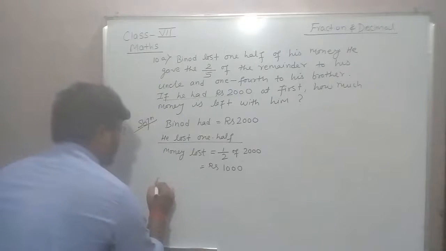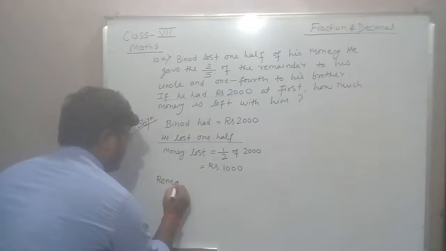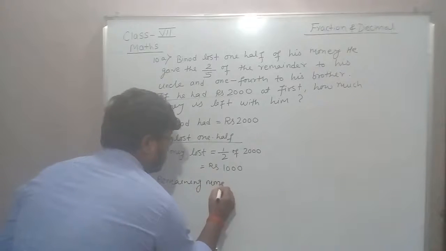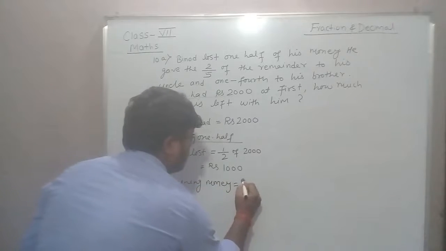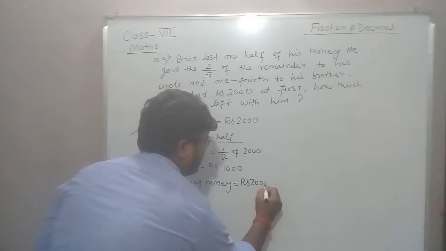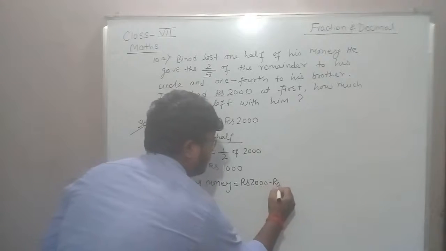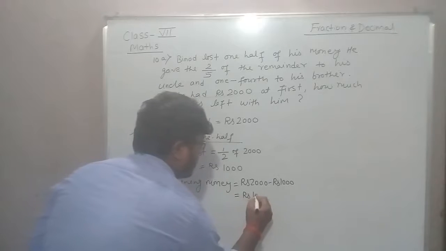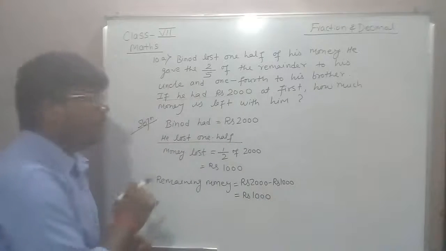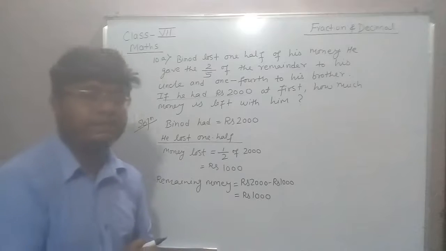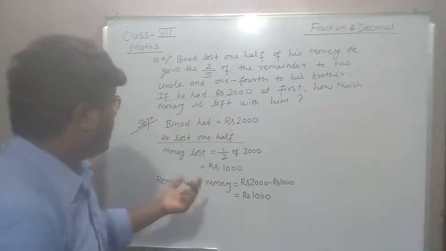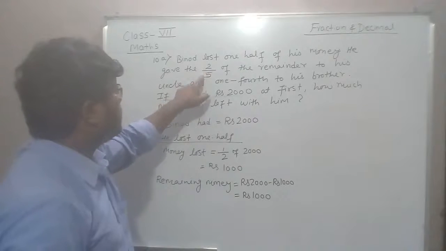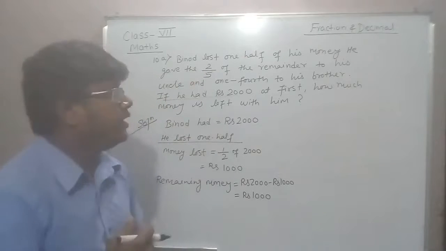So what is the remaining money? Remaining money is rupees 2000 minus 1000, that is 1000. So now 1000 is left with Binod. From this 1000, Binod gave 2/5 to his uncle.